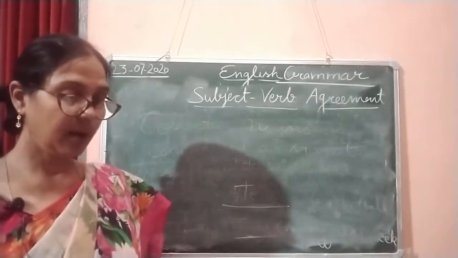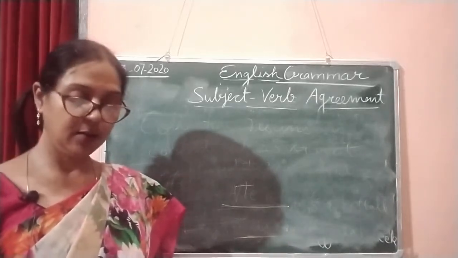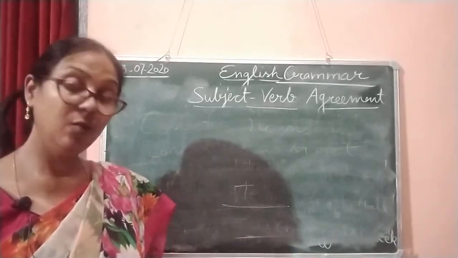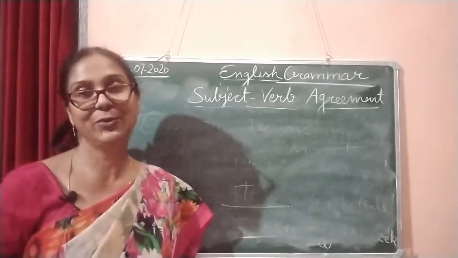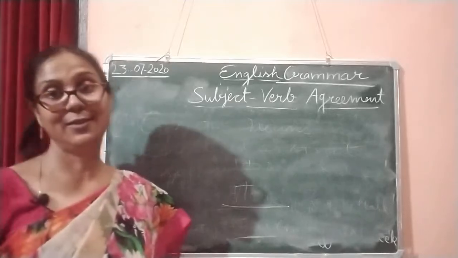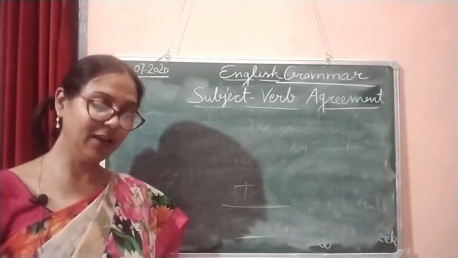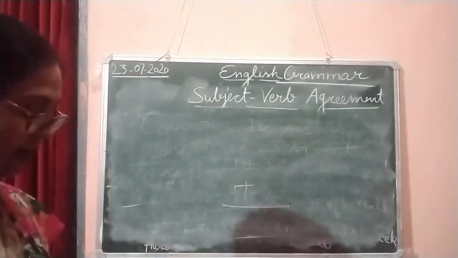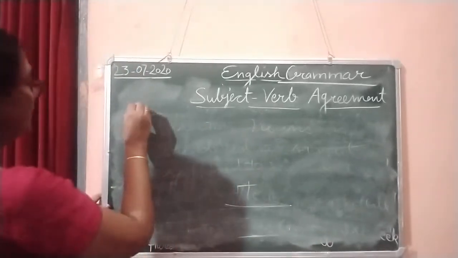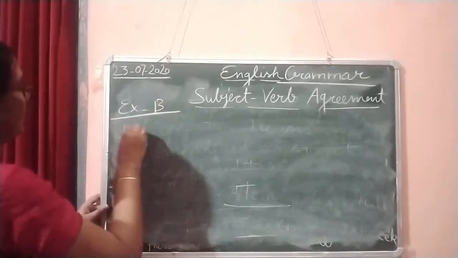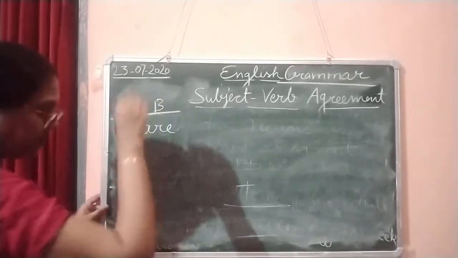Now Mihir and Nalin, what are we going to use? Because there are two nouns, we are going to use Mihir and Nalin are reaching. In first, we are going to write are reaching.